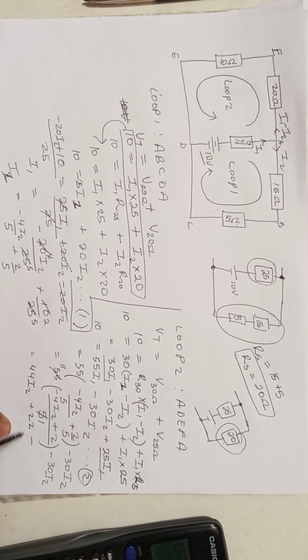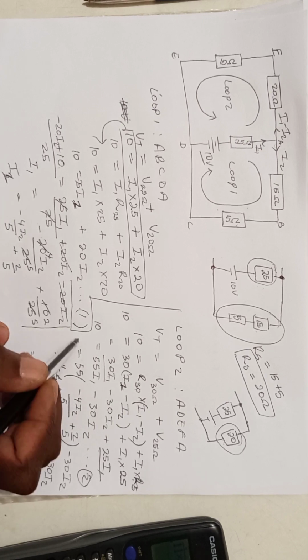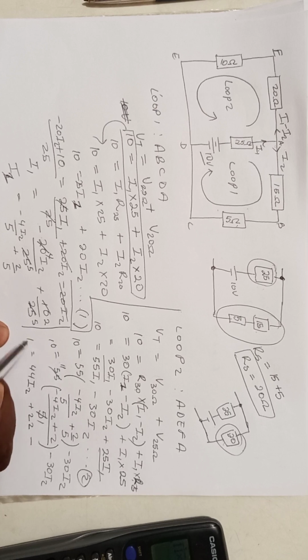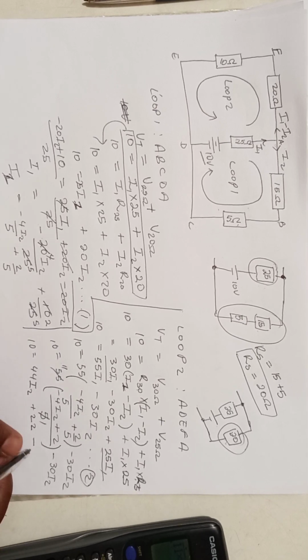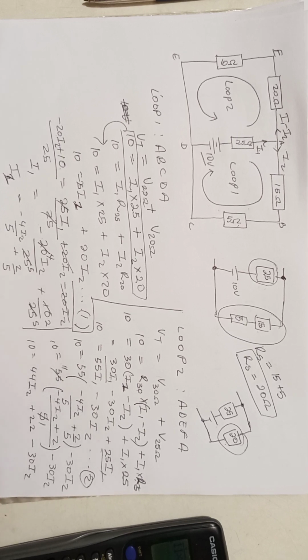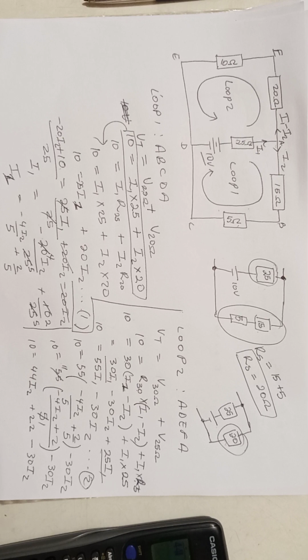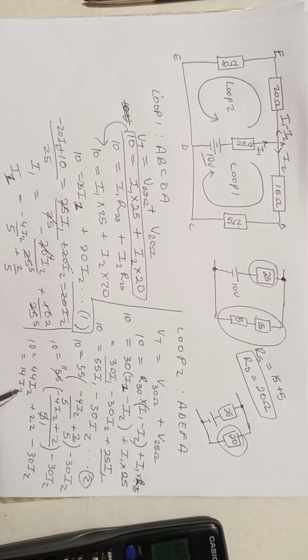Minus, remember, we have 10 here. So this is gonna be minus 30 I2. So 44 minus 30, it's 14 I2.